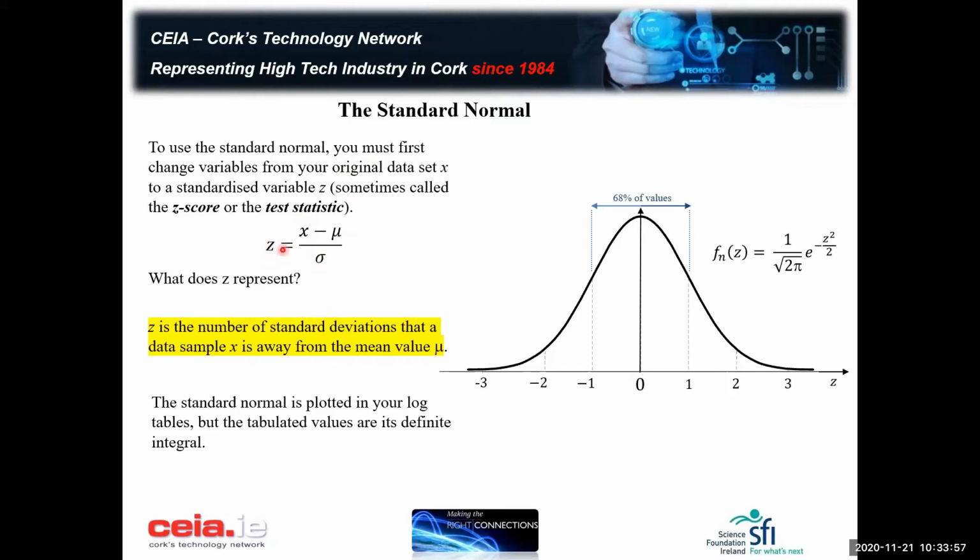What you get then is the quantity z, which is the number of standard deviations that your data sample x is from the mean value mu. And as I said before, this standard normal is tabulated in your log table. The normal function itself is plotted, but the tabulated values are the integral, the area under the curve up to a certain point.